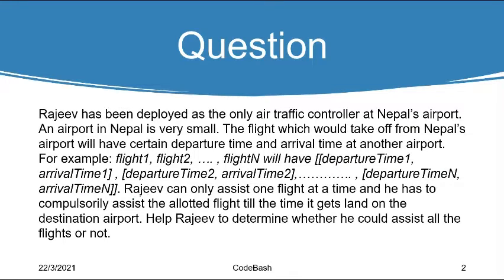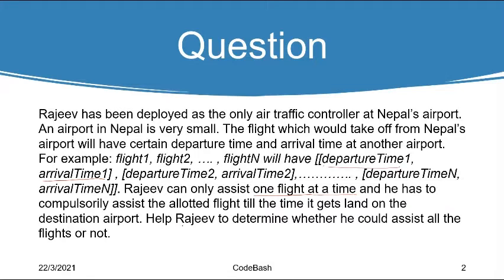The important part to remember is that Rajiv can only assist one flight at a time. He cannot assist more than one flight, and he has to compulsorily assist the allotted flight until it lands. From the departure time to the arrival time, he has to take care of the flight, and in the middle of this time he cannot assist other flights.